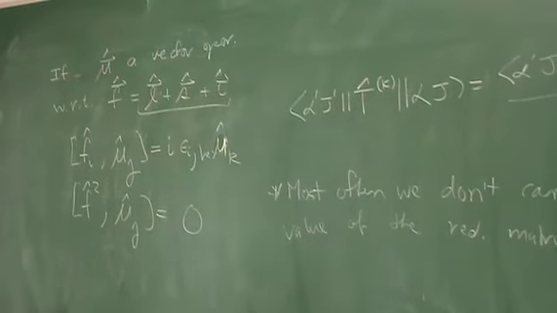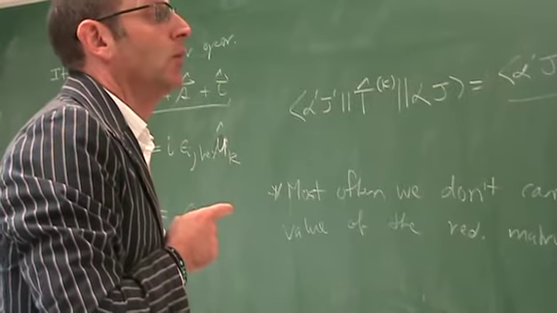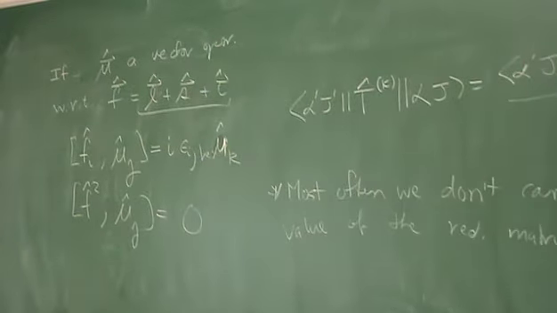Because L squared, I'm sorry, J squared wouldn't do that, because J squared does not, never mind. That's not correct what I'm saying. But F is definitely a vector. Okay, but let me get to the main point then.